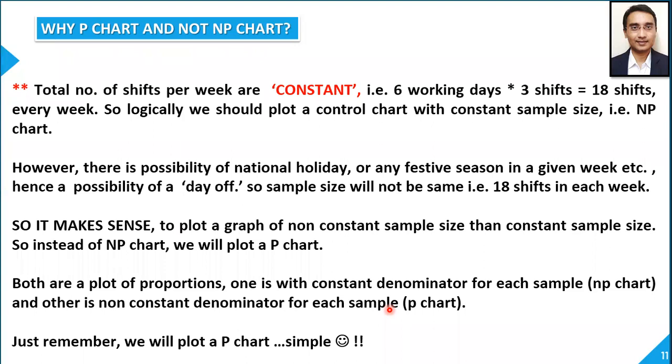And in a P chart, we'll plot a graph of the number of defective shifts divided by the total number of shifts. That's the only difference. However, the overall trend and the look of the graph will be almost the same. So to sum up, please do remember we are going to plot a P chart. That's it, as simple as that. So let's go ahead and check it out further.